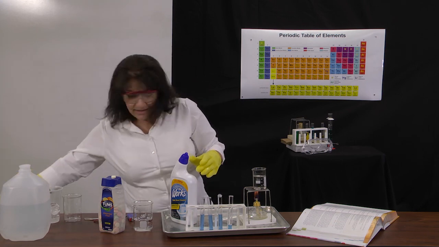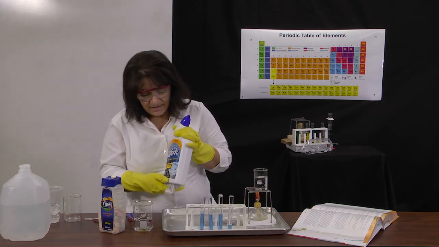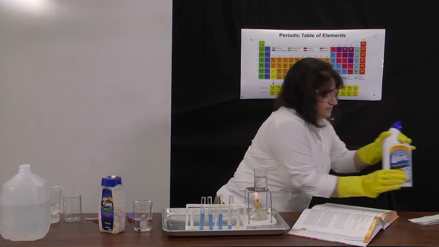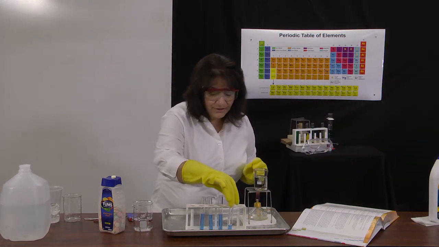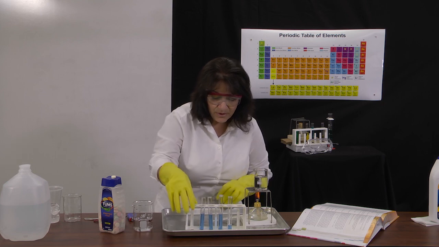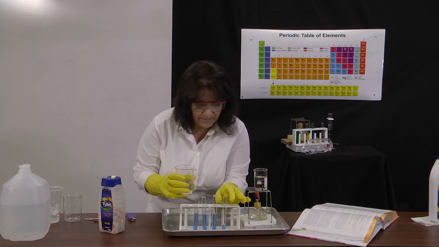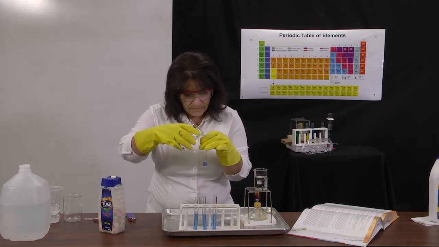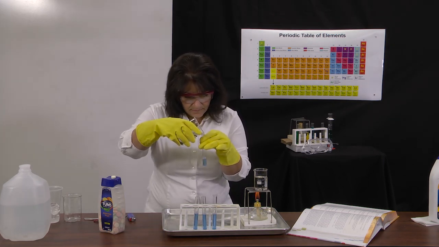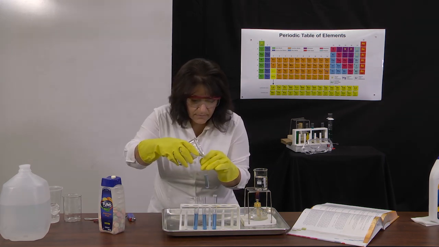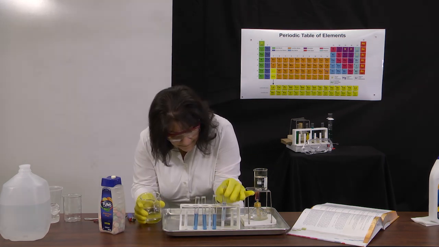Okay, that's all I need from this toilet bowl cleaner. So I'm going to set this over to the side. And now we want to dilute this with water so that it's about the same level as the other 3. There we go.